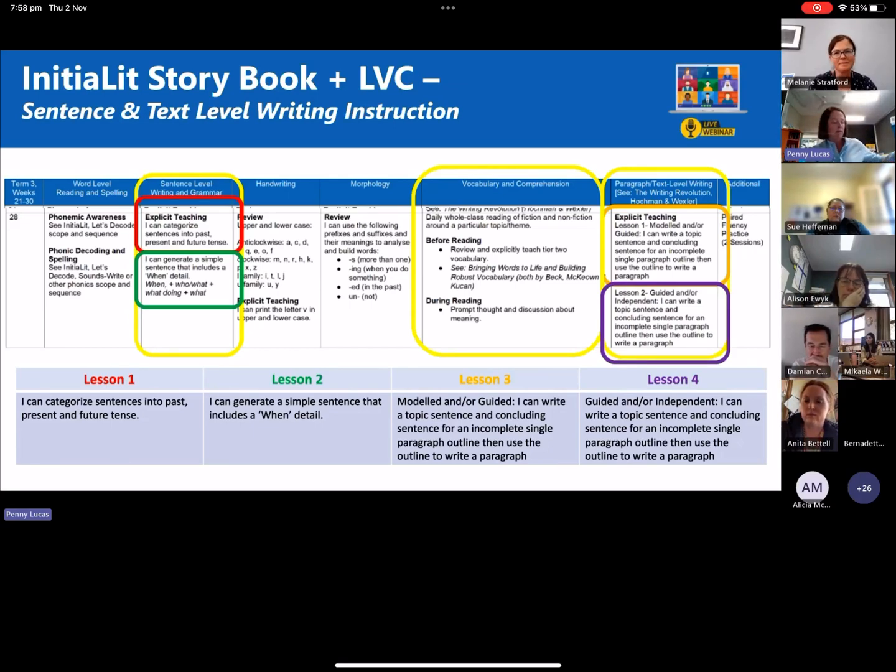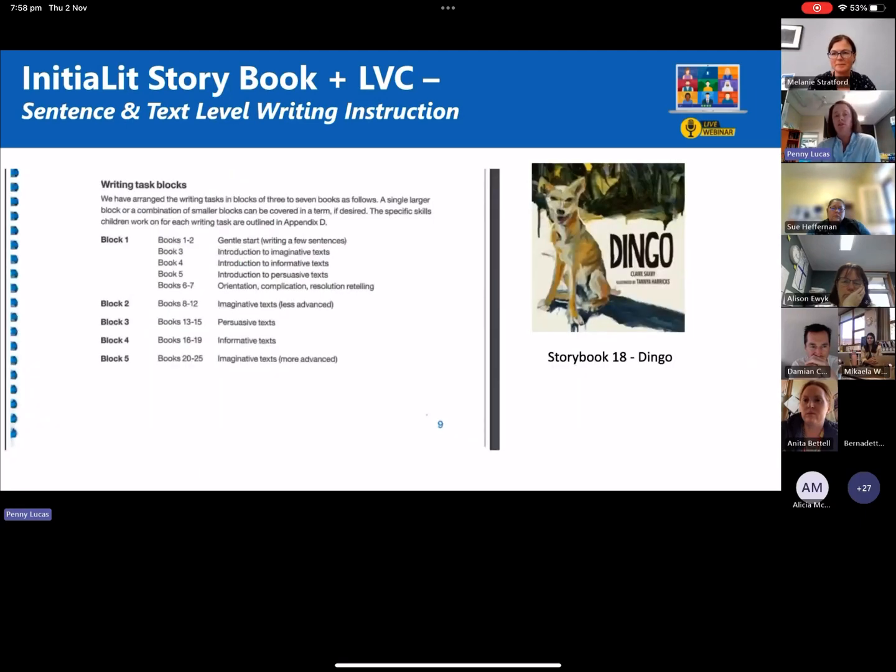to write a paragraph. So I go to the low variance curriculum first, and I have a look at what it's asking, and then I go to the Initial Lit storybook, and I choose a text that is going to suit the writing tasks. So for week 28, there's a few places I could have pulled an Initial Lit storybook from.